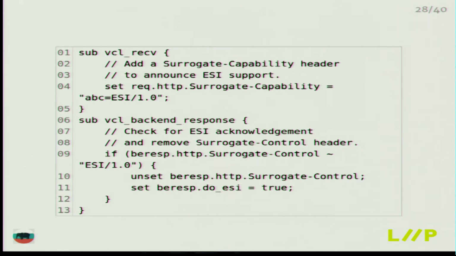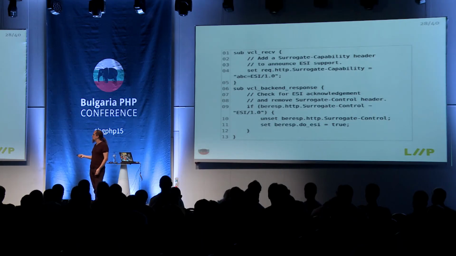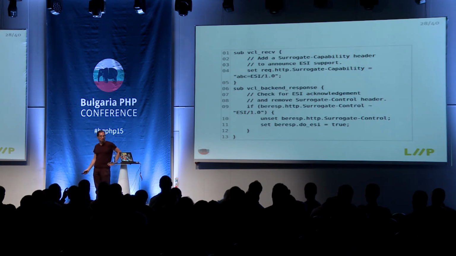And then when you get the response from the backend, you check if the backend was saying, hey, I actually did ESI. Then you remove that header because you don't want to spill that information out to the world. And you activate ESI for this response, and the rest will be handled by Varnish. Varnish will go and parse the content of the response and look for these ESI tags.